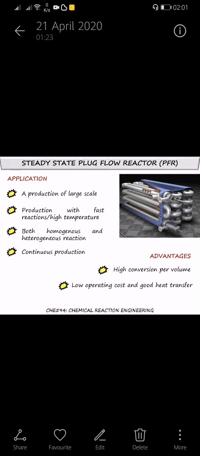And its mode of operation is continuous. So advantages of PFR is, of course, it's going to have a very high conversion per volume, and it's going to also have low operating costs and good heat transfer.